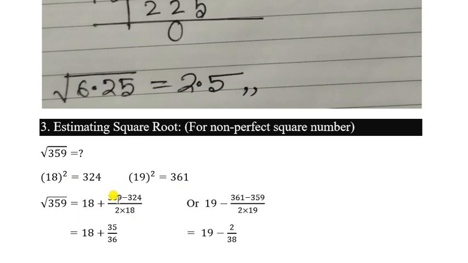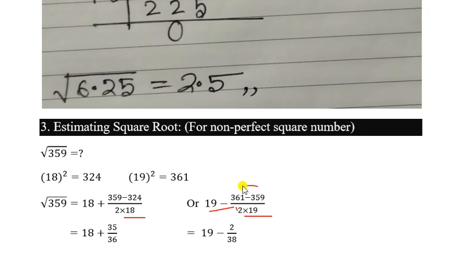Then 18 plus the given number 359 minus our smaller square 324, divided by 2 into 18, because we go from 18 squared to 359. And for 19 also the same: 19, and here also 2 into 19.